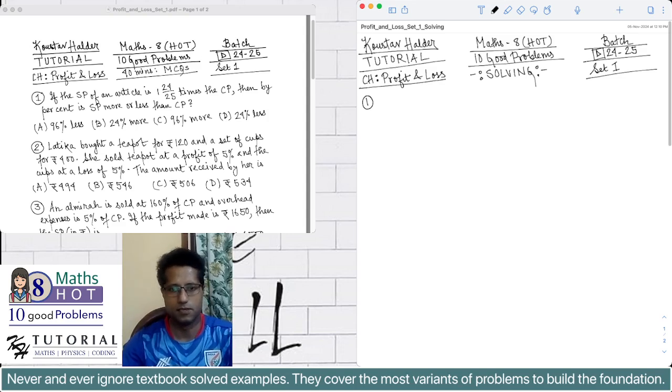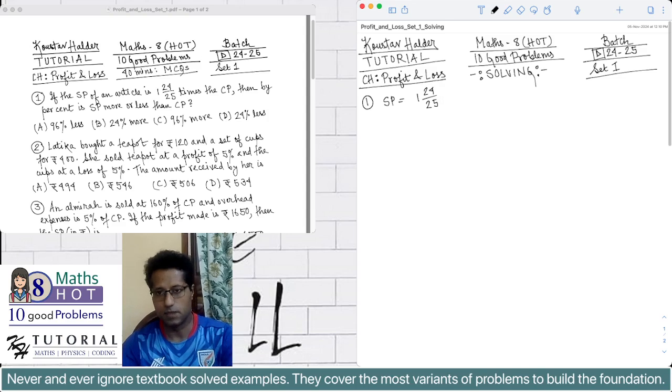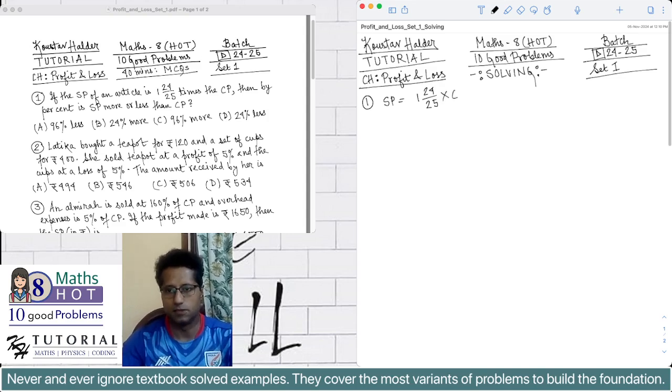So what is SP? It is given that the selling price of the article is equal to 1 and 24 by 25 times CP.